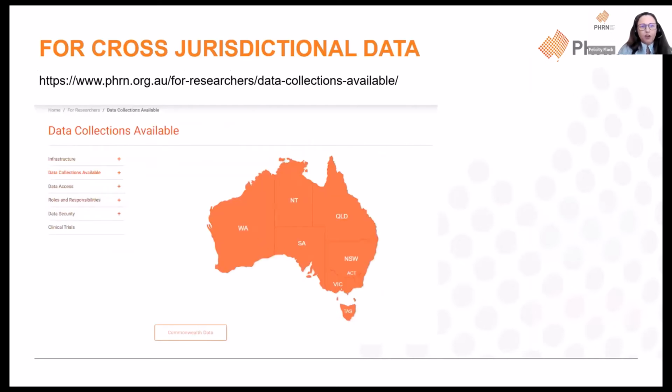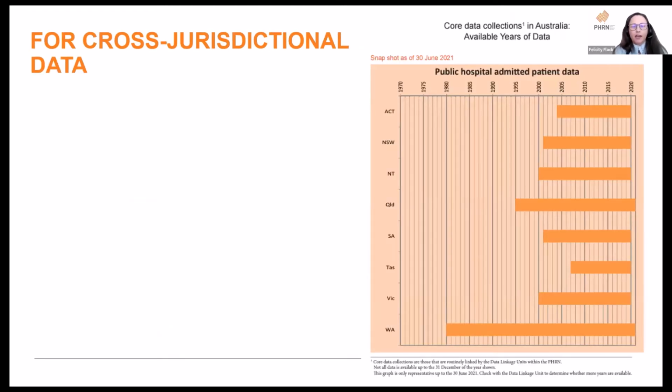If you're interested in cross-jurisdictional linked data, then again, best to start your journey on the PHRN website, and you can search around all of the different jurisdictions for what's routinely available. And you can also find comparisons of the date ranges that the data collections are available.